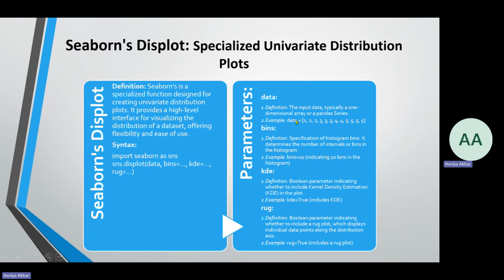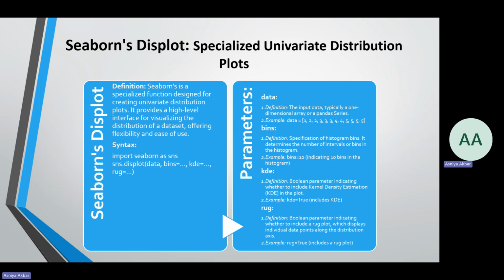So data is basically the input data. Typically, it's going to be one-dimensional, or any pandas series. Next, we have bins. Bins are a specification in your histogram, and it determines the number of intervals or bins in your histogram. It indicates how many bins are going to be there in your histogram.